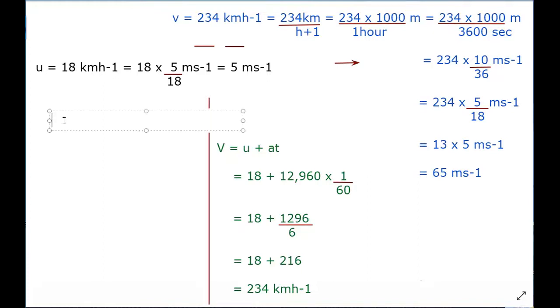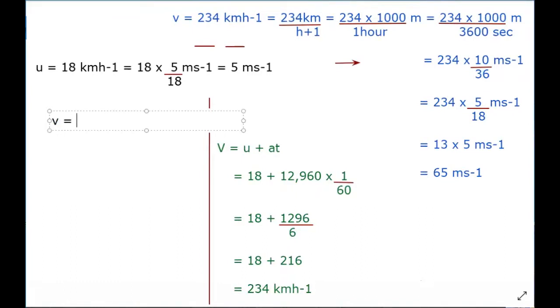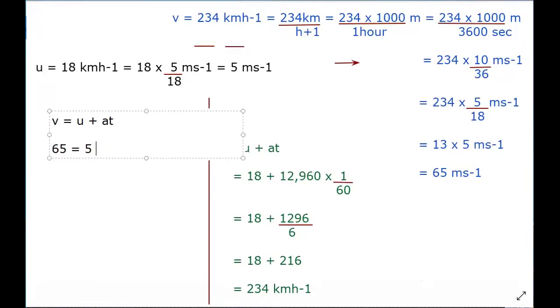Just apply V equals U plus at. Now we know the final velocity as 65 meter per second. We know the initial velocity as 5 meter per second. We just want to find the acceleration.